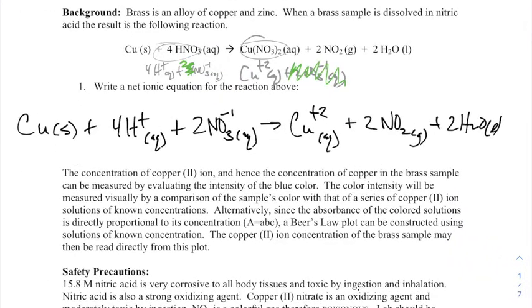So that is your net ionic equation. Again, the idea is that you split up aqueous ionic compounds, and anything that appears the same on both sides is canceled. If it's a solid, then you keep it together.